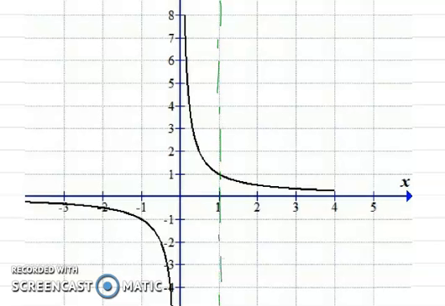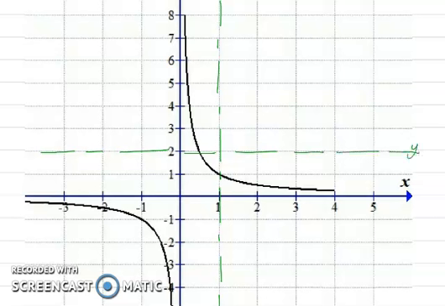So the y-axis asymptote is going to shift over to the line x is equal to 1. So that's my new asymptote. So my sequence is 1 unit to the right, stretched by a factor of 5, and then 2 units upwards. All right. So if I move it 2 units vertically upwards, my horizontal asymptote is going to change to y is equal to 2.